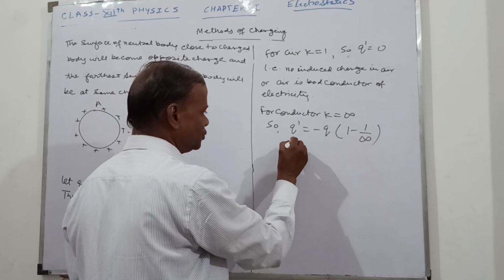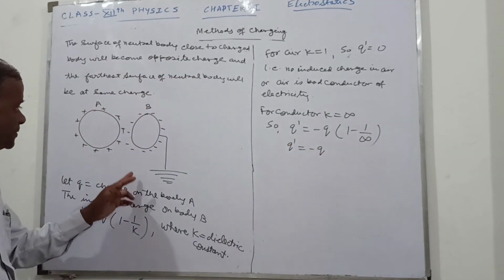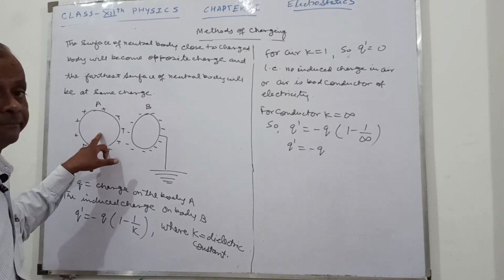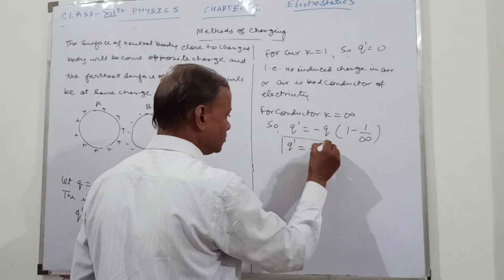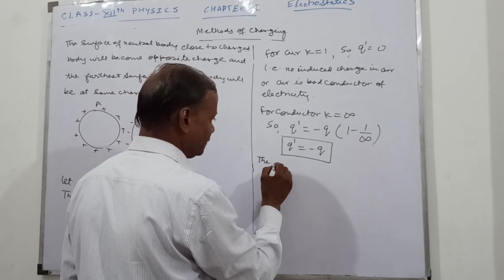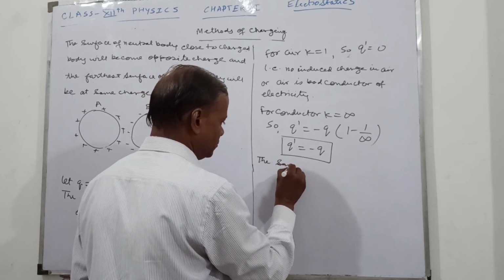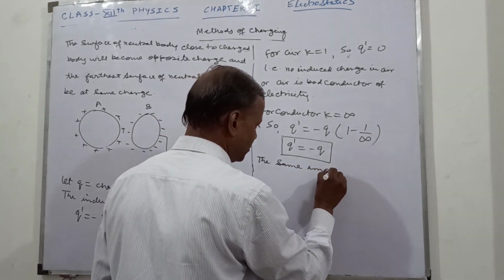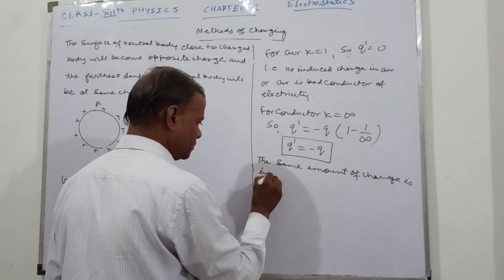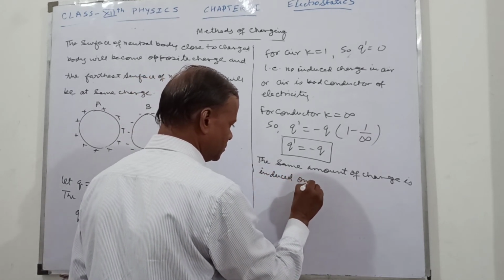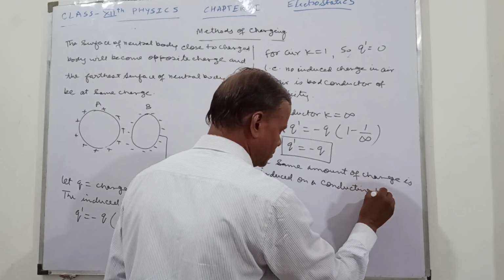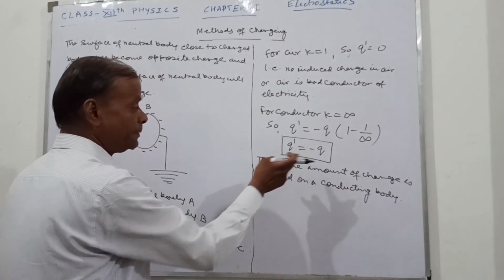This is now 0, so Q dash equal to minus Q. It means that if this body B is a conducting body, then the same amount of charge is induced on a conducting body, but of opposite nature.